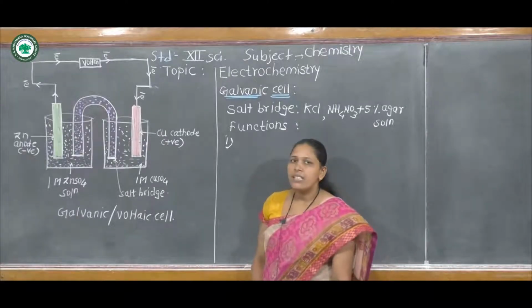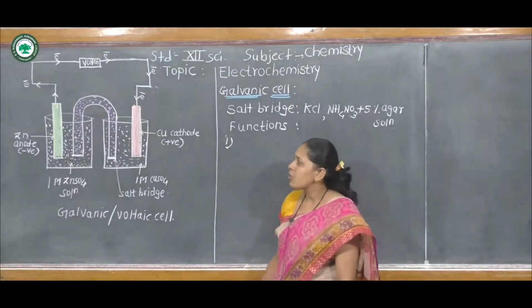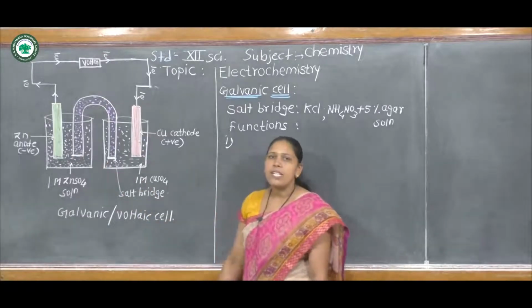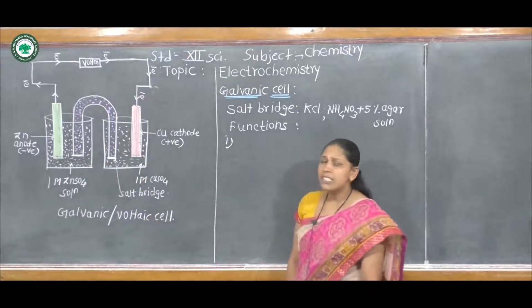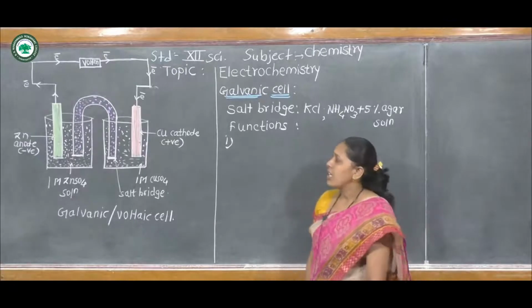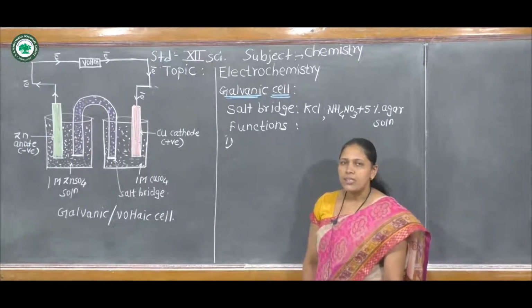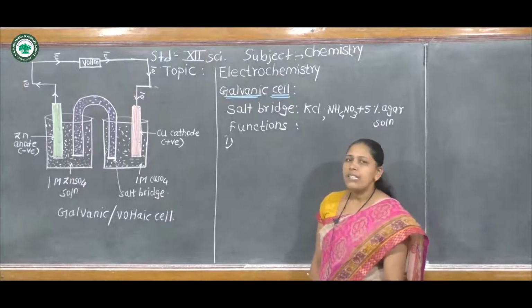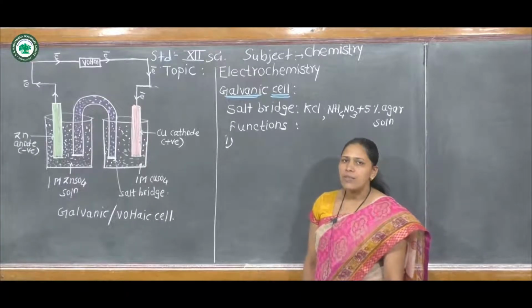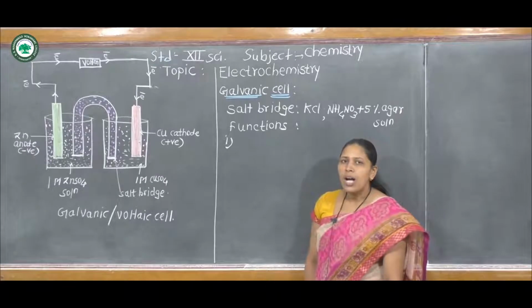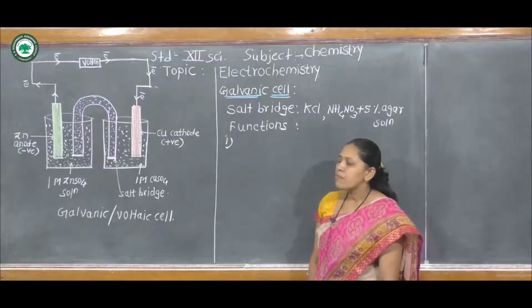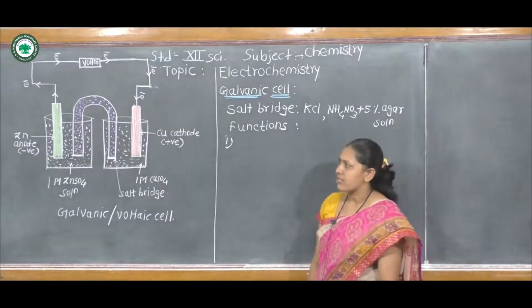Second function of the salt bridge is it prevents mixing of the two solutions, and third function is it maintains electrical neutrality between the two half cells by flow of ions.